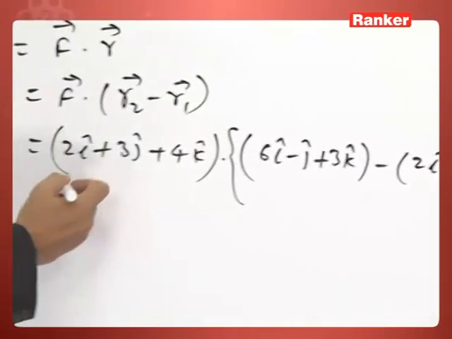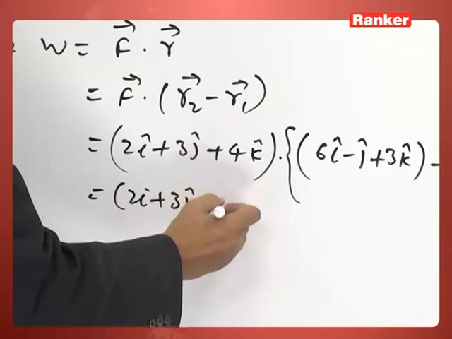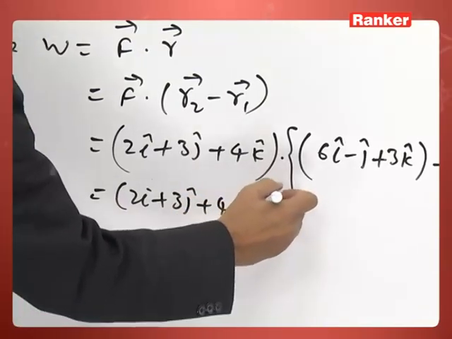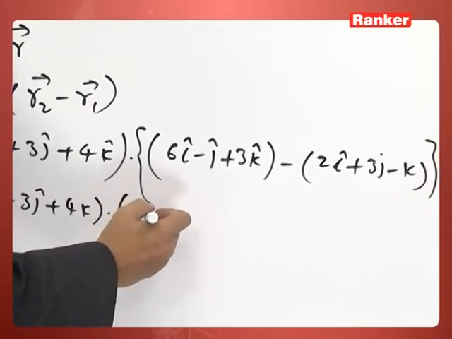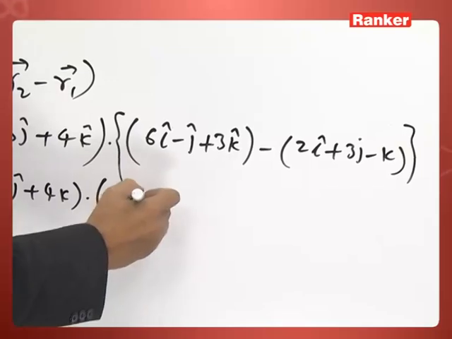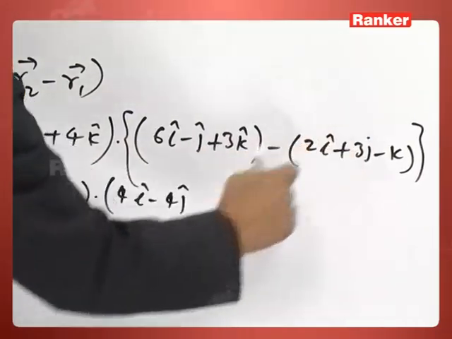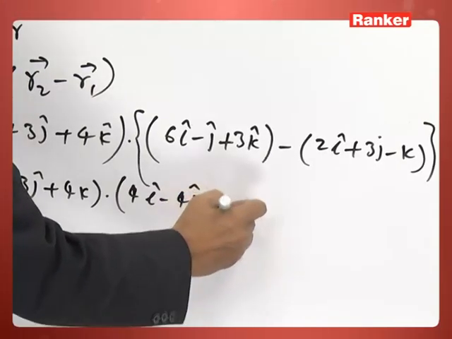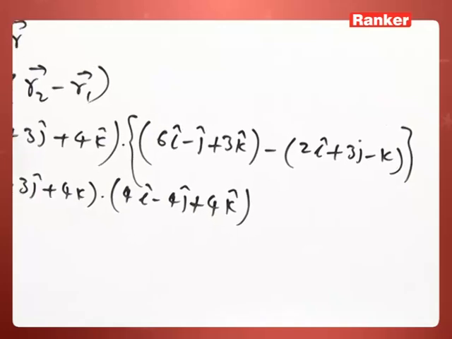Now we can simplify: 2i plus 3j plus 4k dot 4i minus 4j plus 4k cap. Now do the dot product.